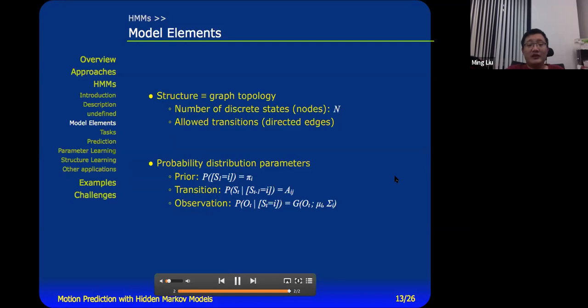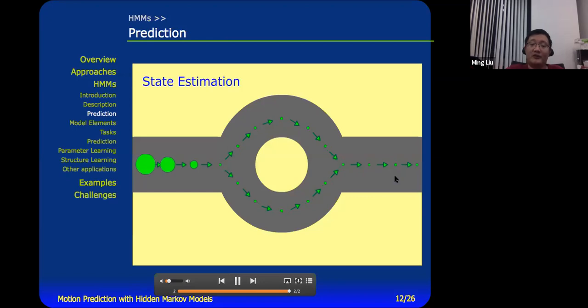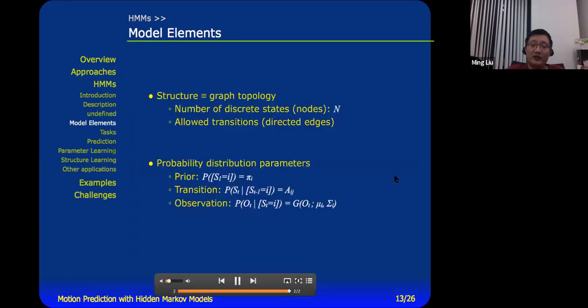So we can see that the whole structure is a graph topology, and we use an HMM over this graph topology. The number of discrete states in this case is the number of these green dots, and we need these parameters.